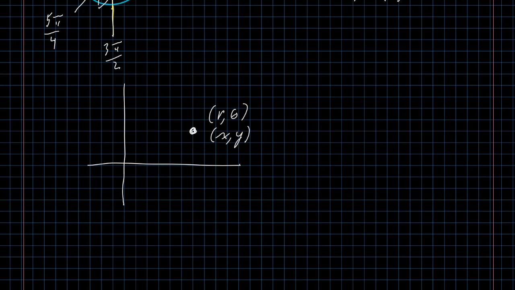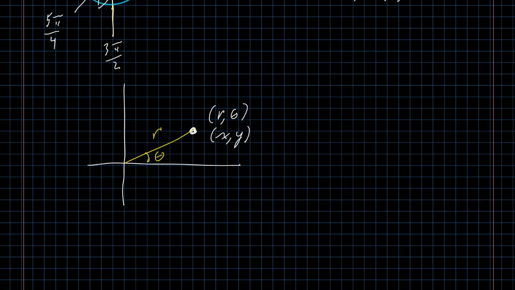Let's take a point here, which I claim I can define in polar coordinates as r theta, and I claim I can define in rectangular coordinates as x, y. I'm going to go ahead and draw the line from that point straight to the origin. The definition of polar coordinates says that that has to have a length of r, and this angle here has to be the angle theta.